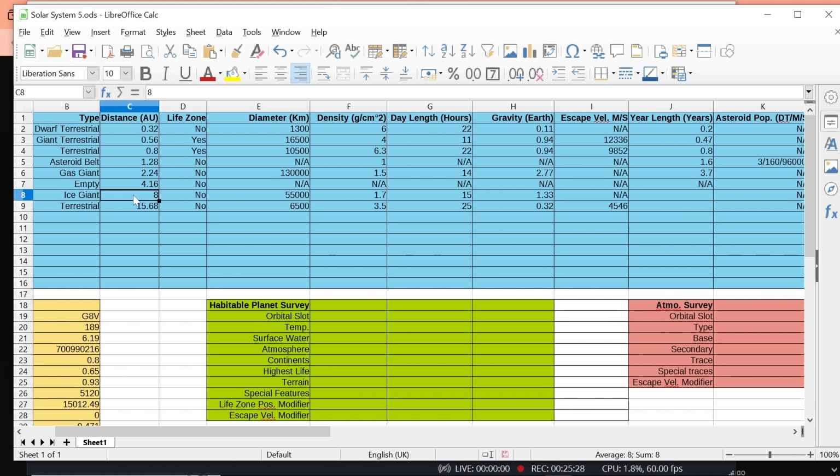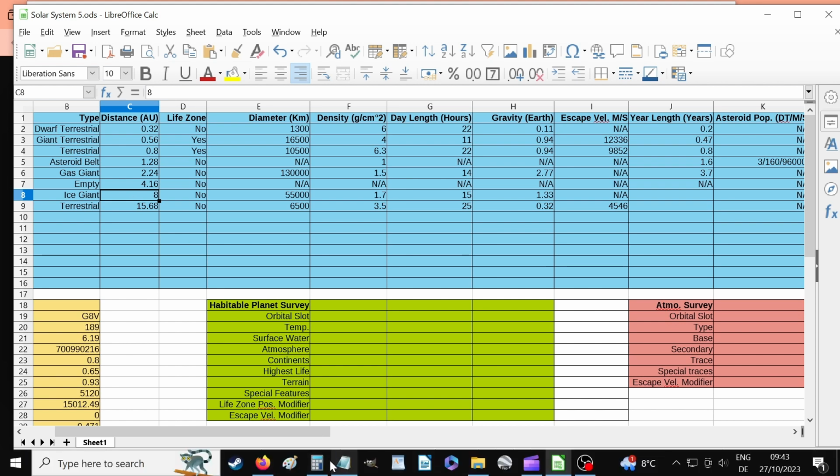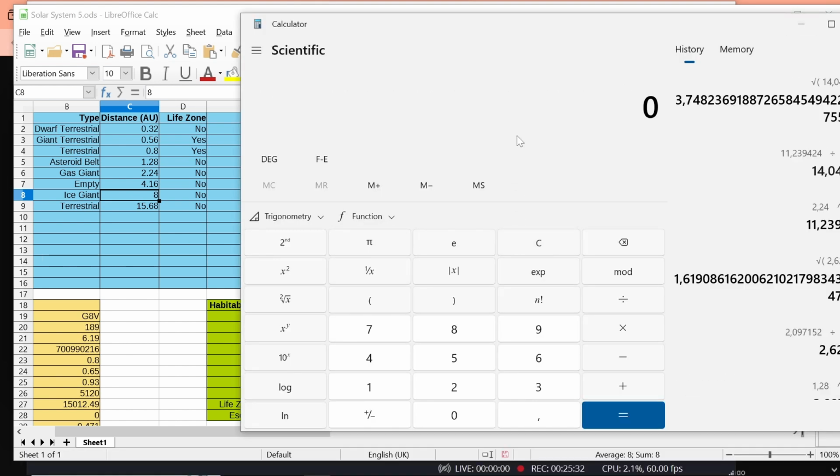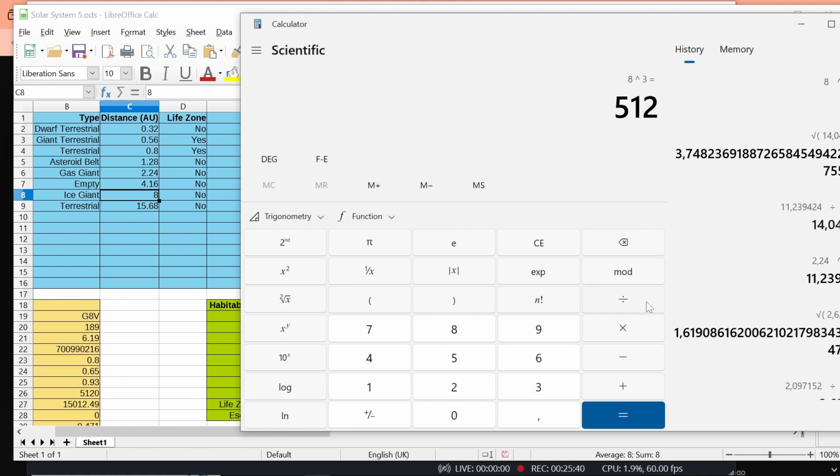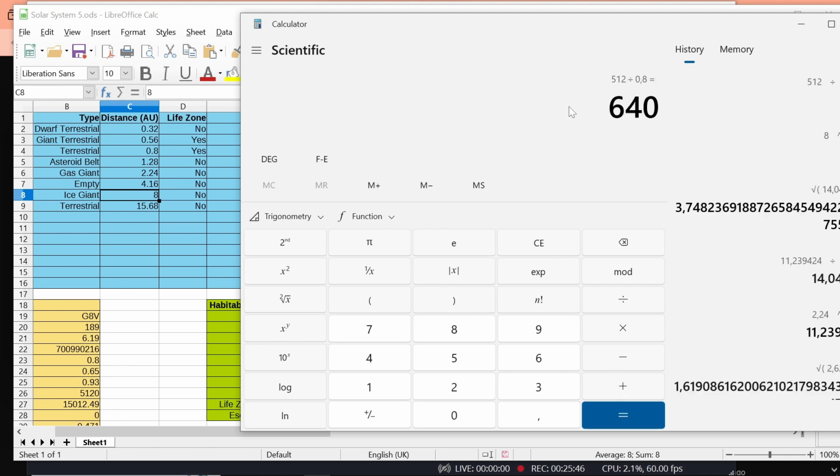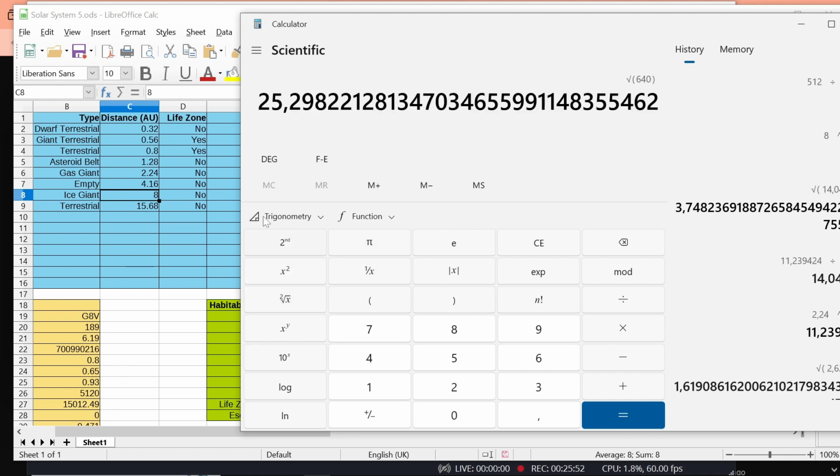Next one is the ice giant, 8. So we simply take 8 to the power of 3, divided by the mass of our sun in relation to our sun, gives us this number, and we take the square root of that, and we get 25.29.